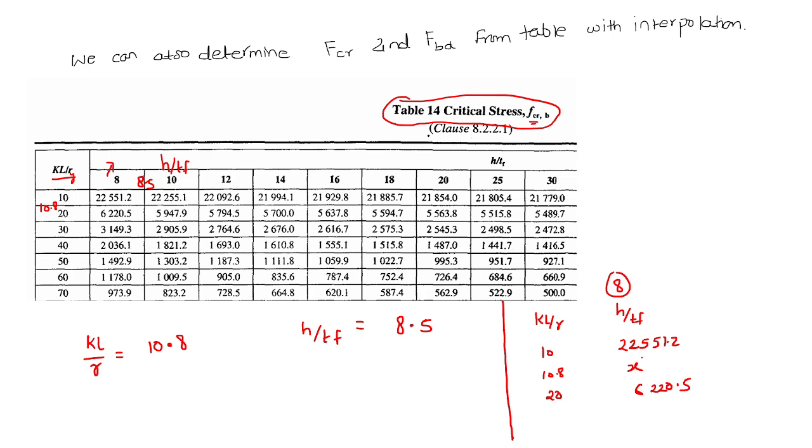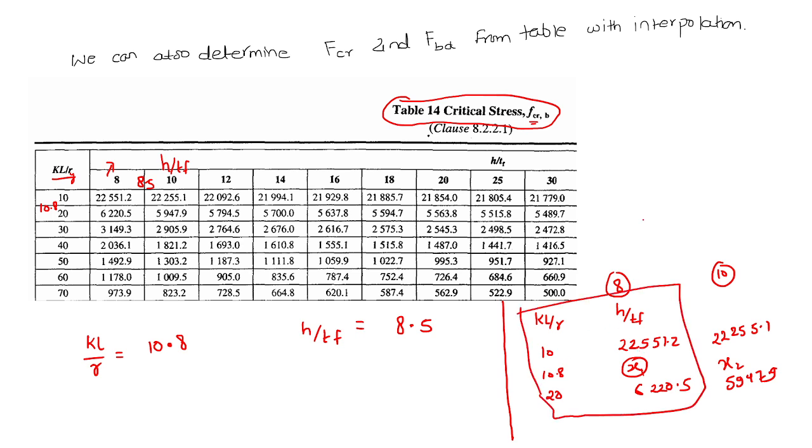So we will calculate the value of X, and similarly again we will calculate for 10 also. Like for 10 here we will use 2255.1. Let's say here is X2, X1, and the value will be 5947.9. First of all we will take these two and calculate X1. Again we will take these two, then we will calculate X2. So now we have calculated for 10.8 corresponding to 8 and 10.